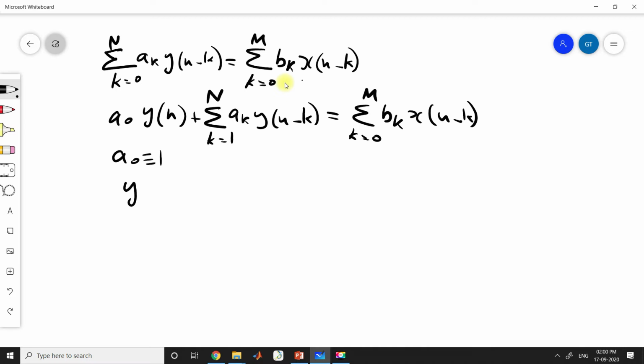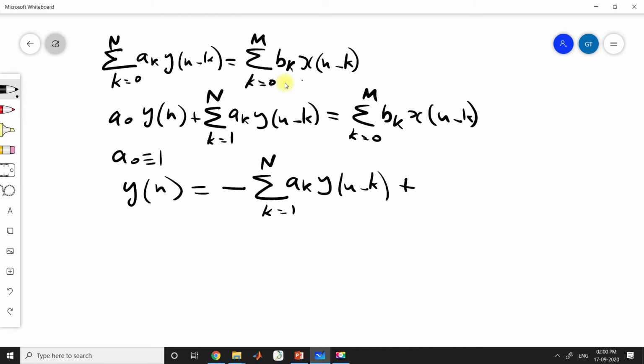The corresponding equation can be written as, taking the output term to the right side, y of n equal to minus sigma k equal to 1 to n ak y of n minus k plus sigma k equal to 0 to m bk x of n minus k. This is the generalized equation expressed in terms of y of n.